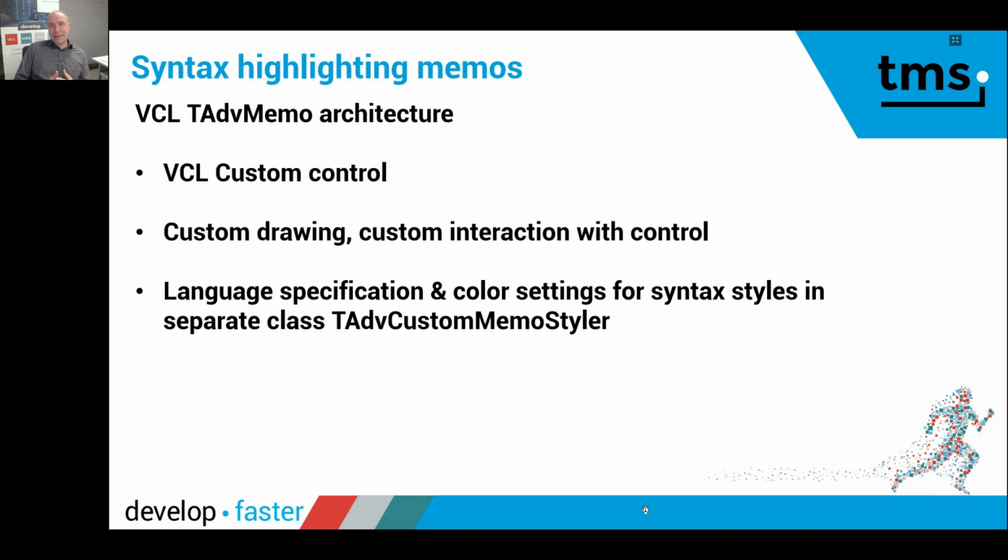ADV memo is actually a 100% native VCL custom control. That means that as a VCL control, we implement all the keyboard and mouse responses, and the drawing, the rendering of that memo, is fully done in native Delphi code as a VCL custom control.